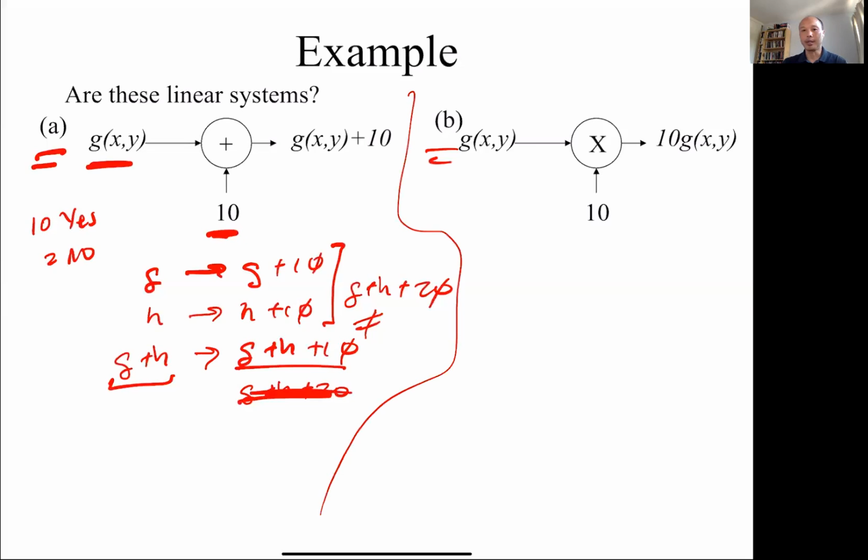Let's move on to B. Let me open up the poll for that. Let's get to there. Sorry, things are being a little slow here. Okay, so the poll for this one should be open. So same thing, is this a linear system or not?